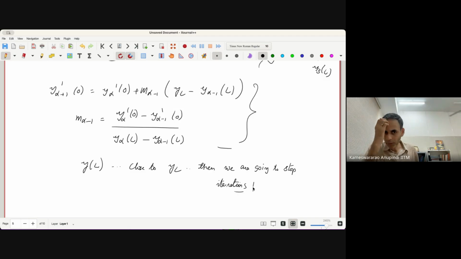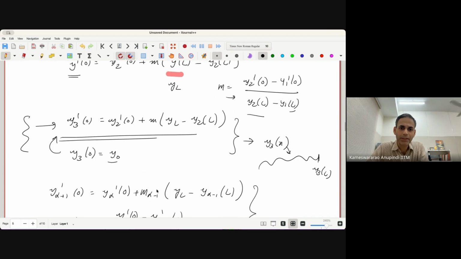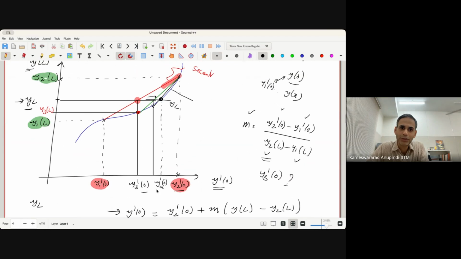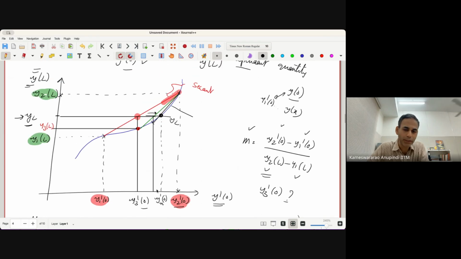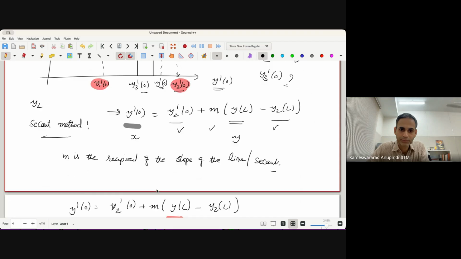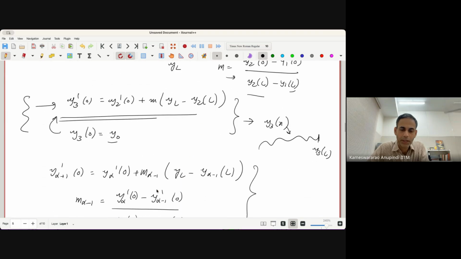Then we would have obtained y alpha plus 1 prime 0, using which you can already calculate y as a function of x. That means we found the correct guess value, which would give you the correct y of x, right? So that is the idea. This is more like an indirect method, but I think it's a clever method, in which you calculate what you want in order to make your existing algorithm work, right?